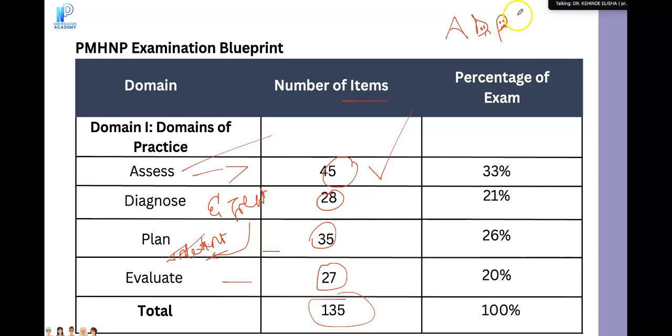If we don't plan well, because it trickles all down from assessment to diagnosis to planning, now implementation, you're probably going to be given the wrong medication. So eventually we're going to have a bad outcome, which is the evaluation. So our assessment has to be on point. So that's number one explanation for this.